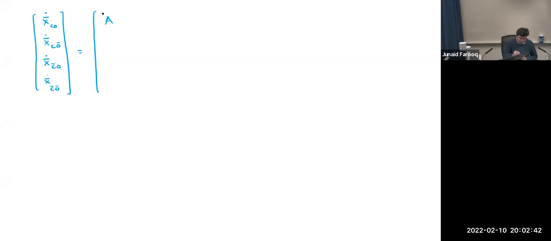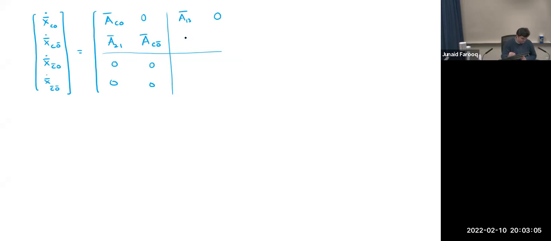So you will have A bar controllable observable, we'll have a 0, A bar 21, A bar CO bar, right? So here we have zeros. Here we have A13.